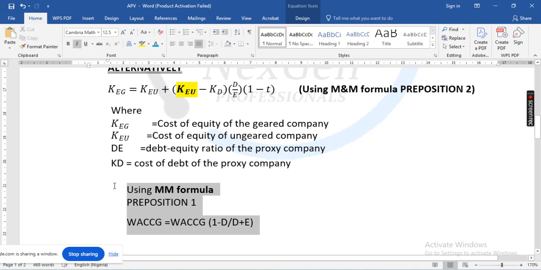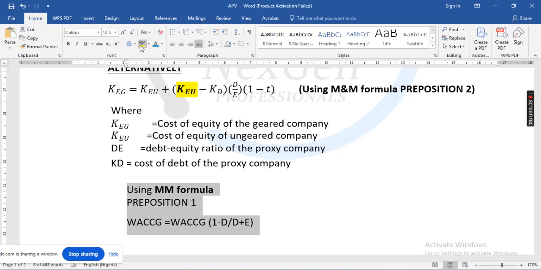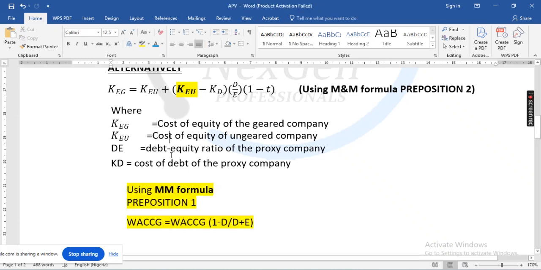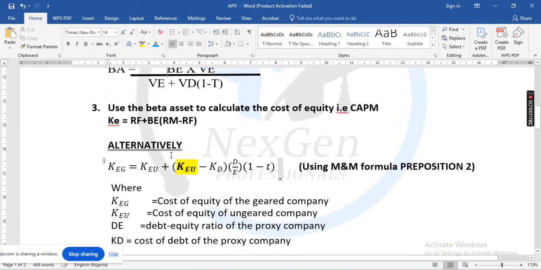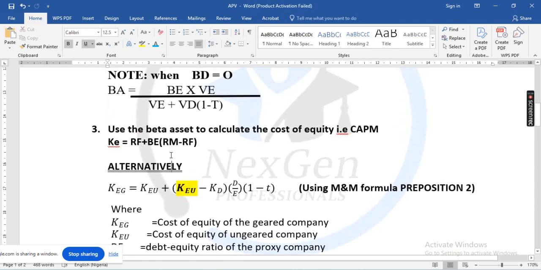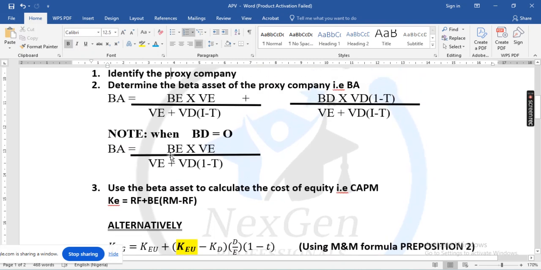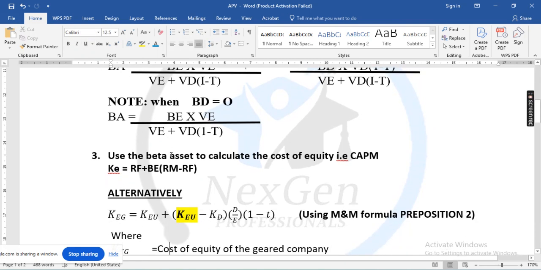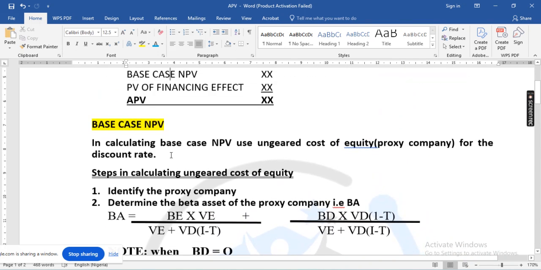I just needed to bring it out so that you will see that this is proposition one, and this is proposition two. You are using proposition two, or you look for the formula if all these variables are given to you, or you can decide to use this or the alternative using what? Modigliani. And this is all about what? Base case NPV. That is all.